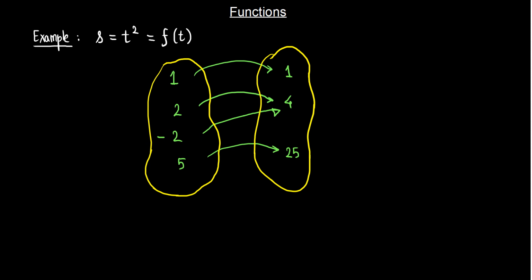The set of values from which it is getting mapped, as we have seen, is called the domain. So here t is the domain, whereas the set of values to which the values in the domain are mapped is called the range.